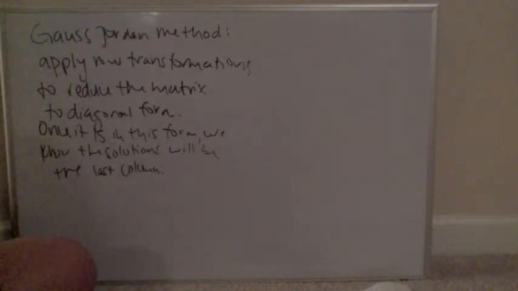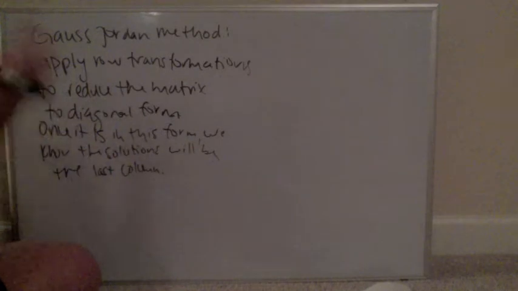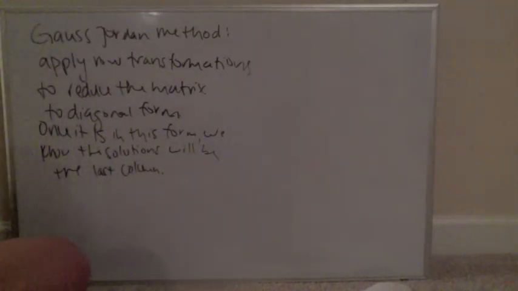So this is the Gauss-Jordan method. We're going to apply these row transformations, I'll talk about those in a second, to reduce the matrix we started out with to that special diagonal form. After it's in that form, we know those last column will be our answers.